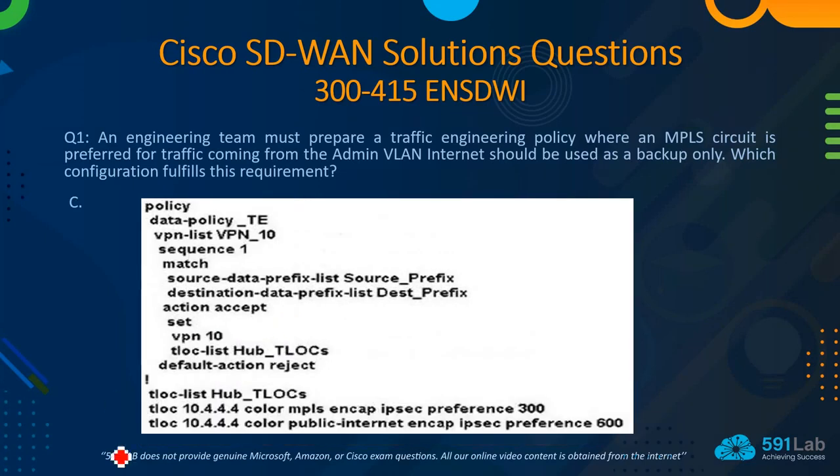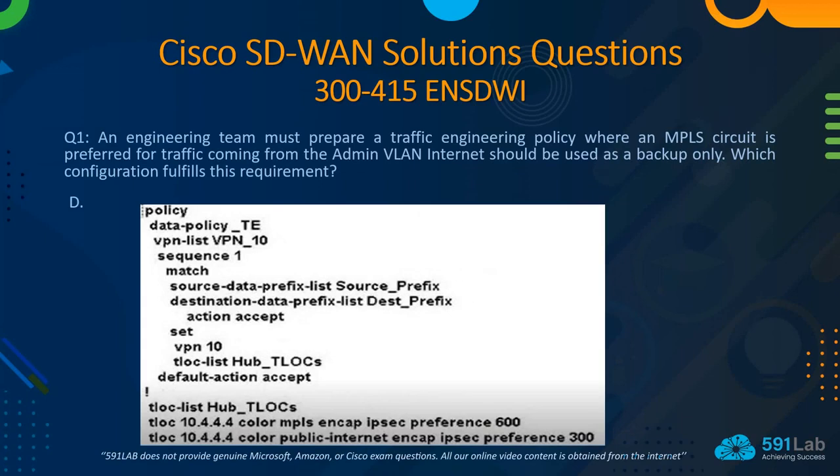Okay, here we have MPLS with 300 and public Internet with 600, which is not to fulfill our requirements. So C also is not correct. Let's see our latest option. We have D. Okay, we have here MPLS with 600 and public Internet with 300, which is good.